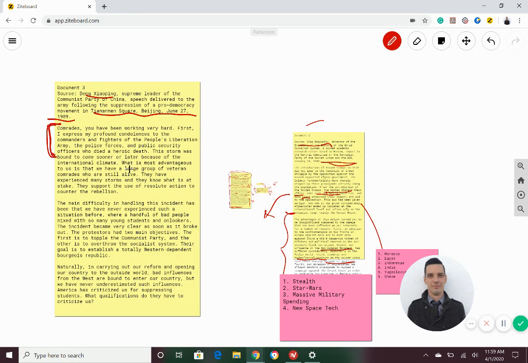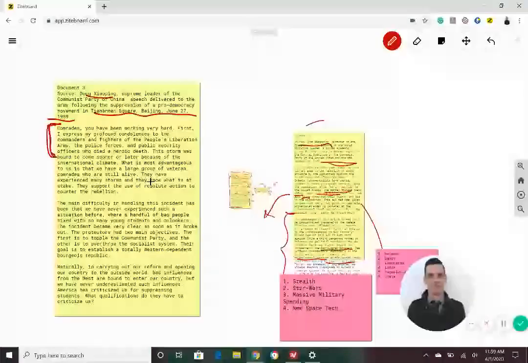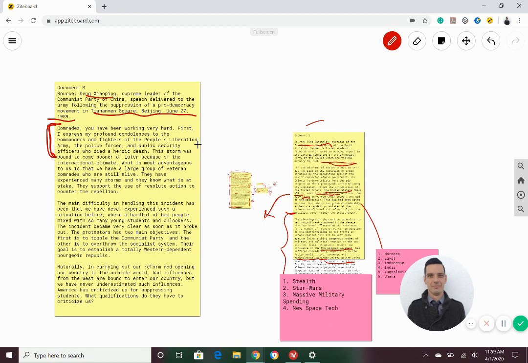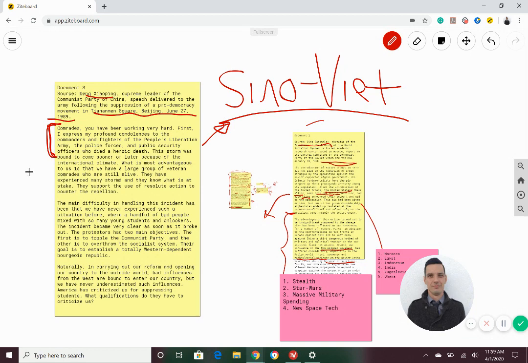Because the international climate is most advantageous for us to have a large group of veteran commanders who are still alive. He's talking about the Sino-Viet War. They have experienced many storms.